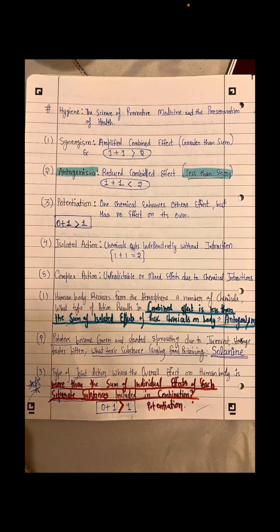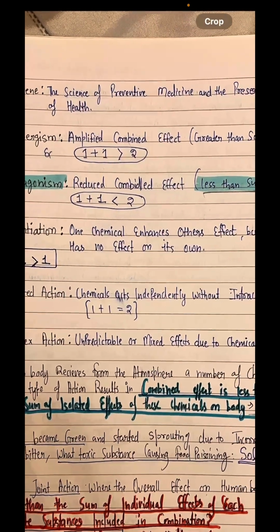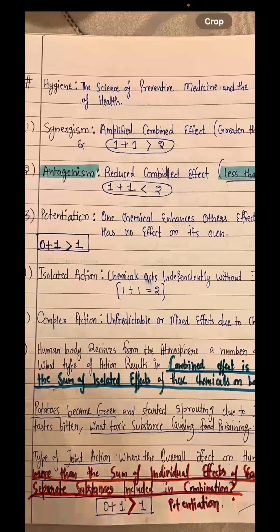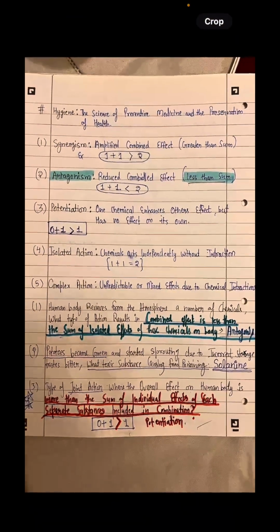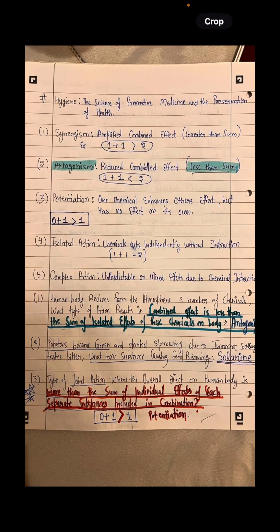Some things about hygiene. Hygiene is the science of preventive medicine and the preservation of health. Some effects are there. I will tell you about all of them, but I'll highlight which are more important for you. Synergism is the amplified combined effect, where the effect is greater than the sum.